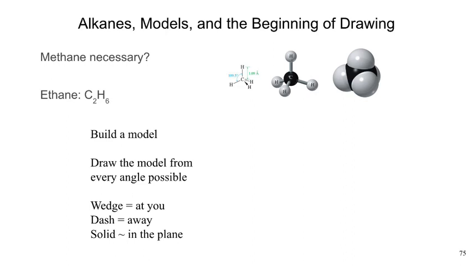Okay? We drew that representation with wedges and dashes, and we are happy with it. When we scaled it up to ethane, things get a little bit more complicated. And if we were to draw out our Lewis structure, we could get something relatively simple like this, which has hidden some of the information. We could add that information in by saying wedge and dash.